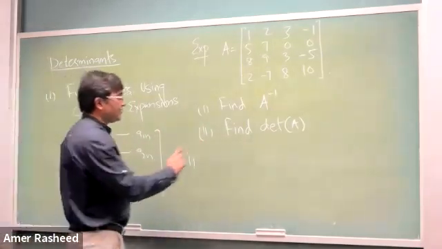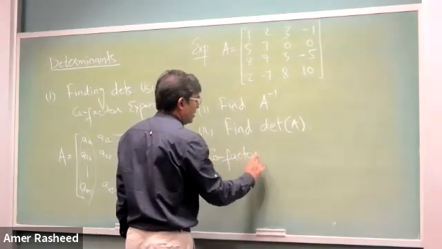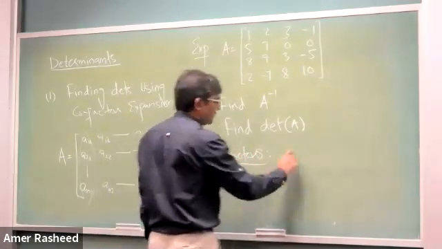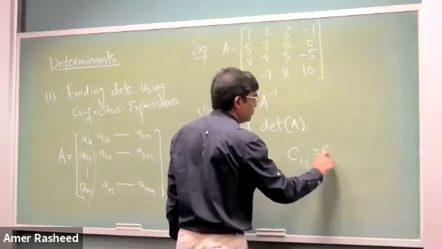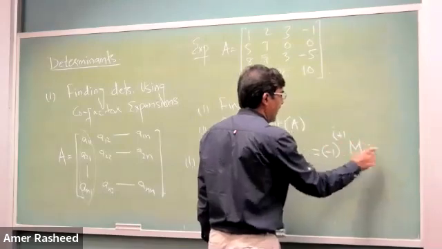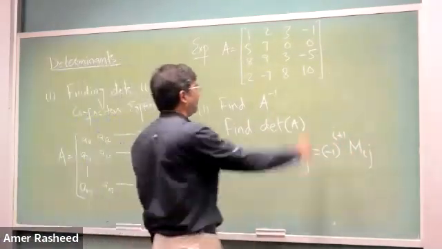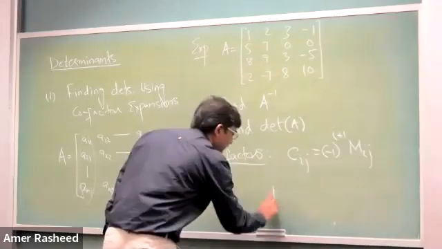What are the cofactors? Cofactors are, by definition, first we need to find the cofactors. C_ij is equal to (-1) raised to the power i plus j times M_ij. And M_ij is a minor of that matrix. How do we define it?